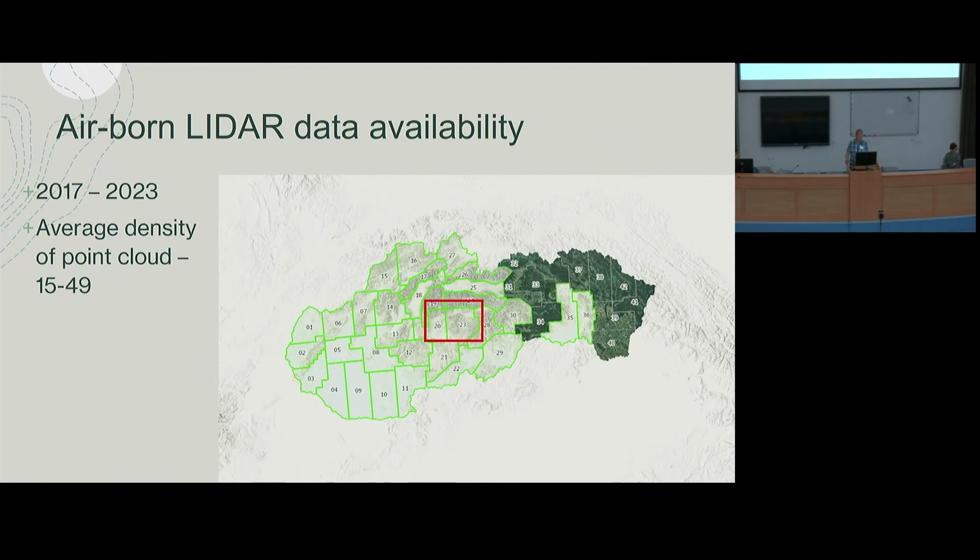I have just the last 2 slides to show you that we have some airborne LIDAR data that are freely available. So that is also a good source of data for our research. The project started in 2017, and by 2023 we should have covered the whole country with LIDAR data, with a point cloud density between 15 and 49 points.